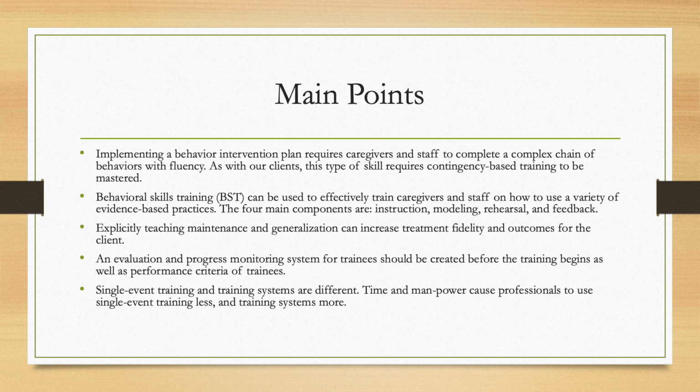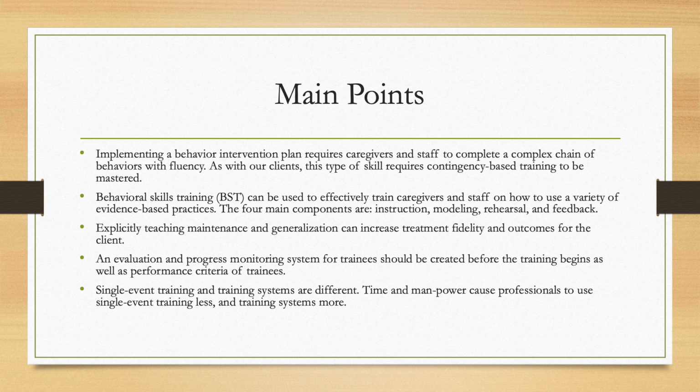Another main point is an evaluation and progress monitoring system for trainees should be created before the training begins, as well as performance criteria of trainees. Again, you want to have a solid structure before you're starting, when you're coming up with a training program or a single training event, which is what I'm about to talk about.